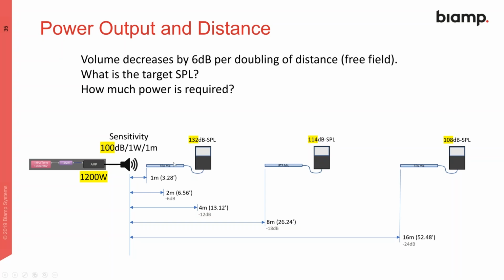So our loss from position 1 to 2 and then 2 to 3 is quite a bit more here. We've got 18 dB of loss for this jump, only 6 dB of loss for this jump, because we're doubling the distance once here. We've doubled the distance 4 times here.